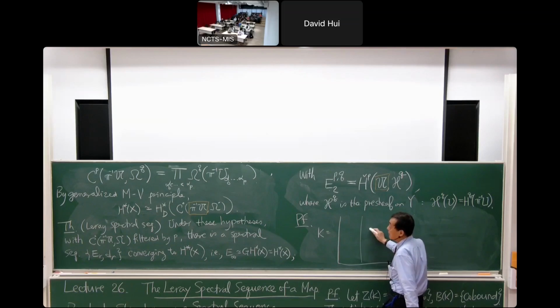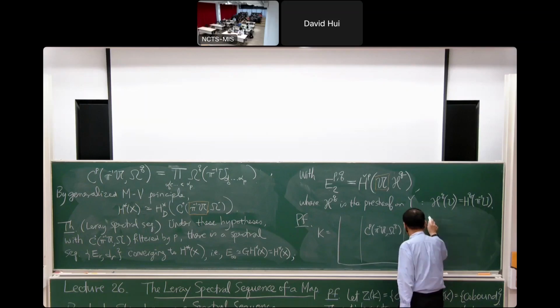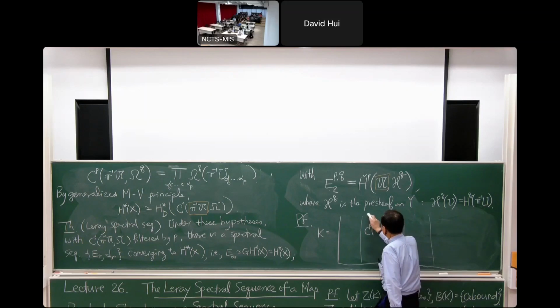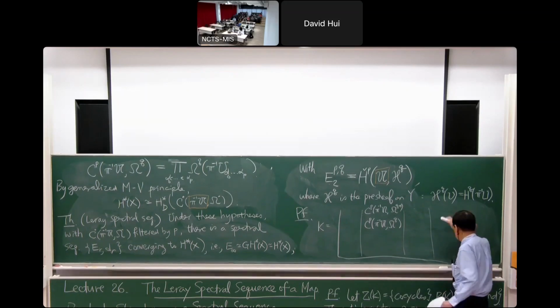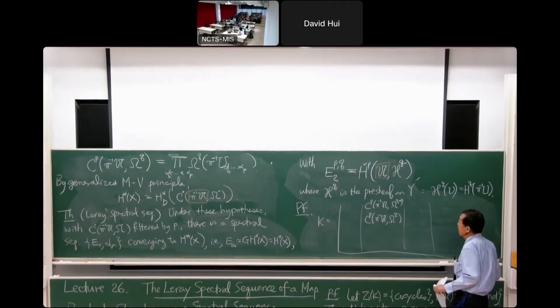So we have C^P of pi inverse U, omega^Q, and it goes up to C^P of pi inverse U, omega^{Q+1}.